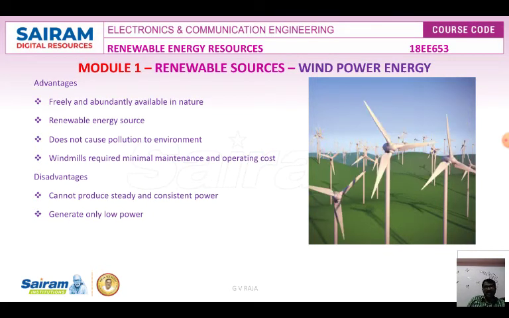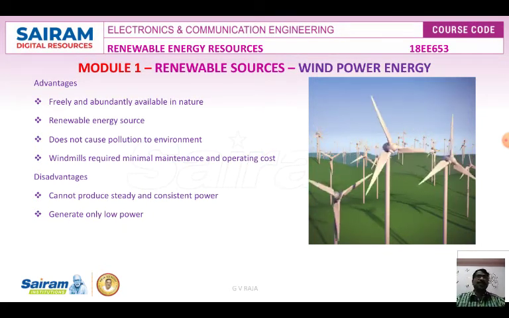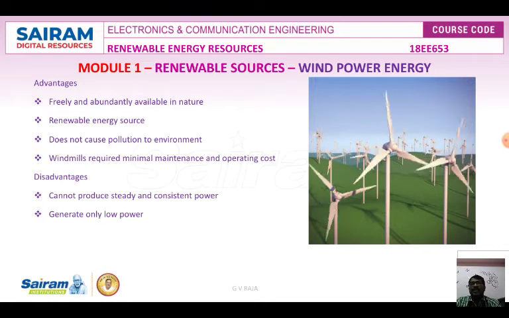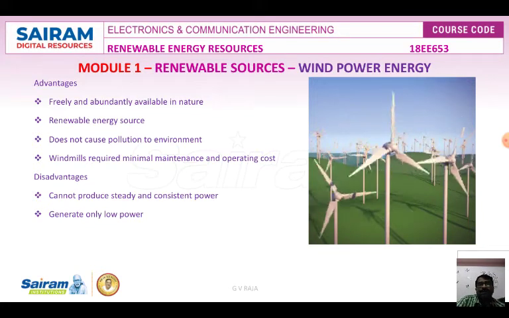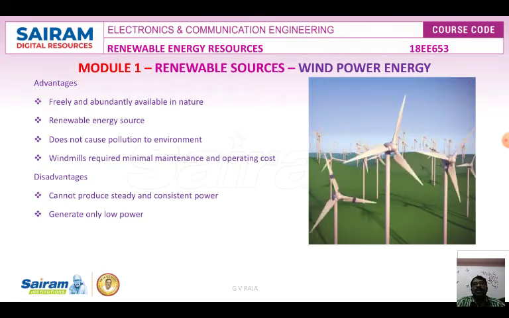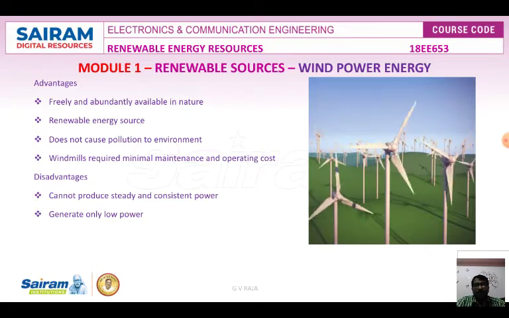So wind energy is a kinetic energy. The wind turbine extracts the kinetic energy and converts it into rotary motion. The power of the wind is proportional to the cube of the wind velocity.